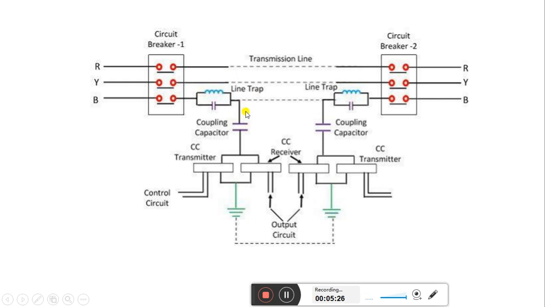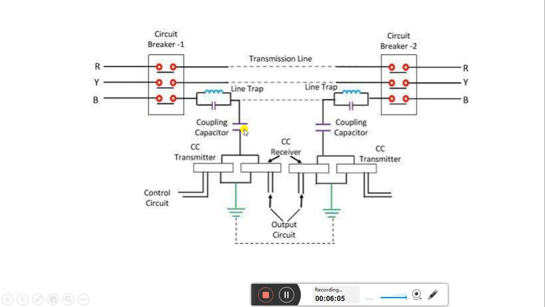Because of that, the line traps restrict the high frequency carrier signal from entering beyond the protected zone, that is outside the protected zone. It means line traps help to maintain the high carrier frequency signal within the protected zone area. They restrict the flow of this high frequency signal outside the protected area.